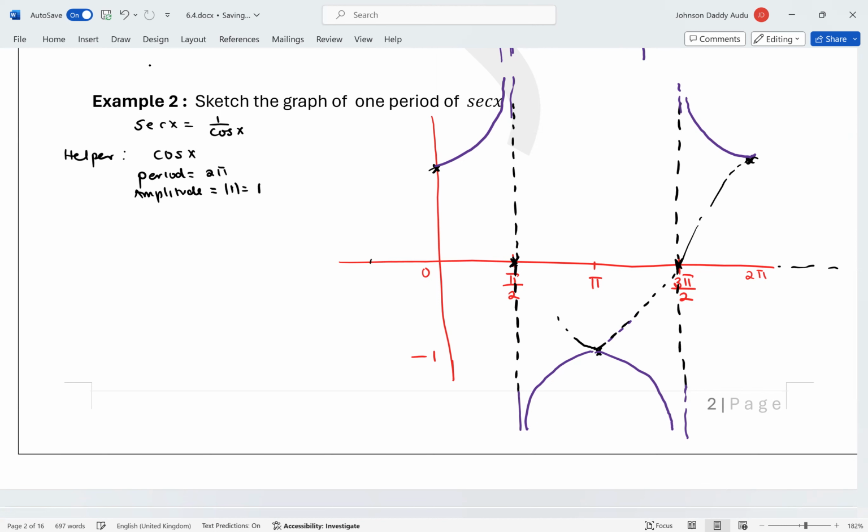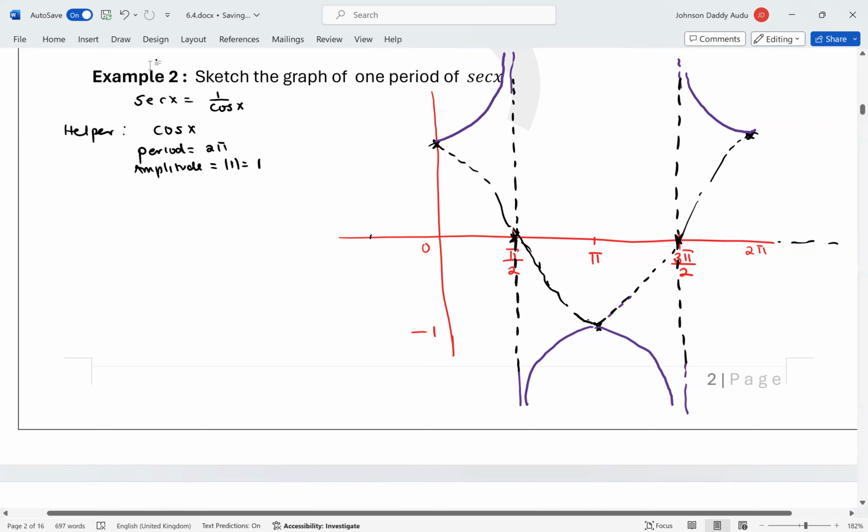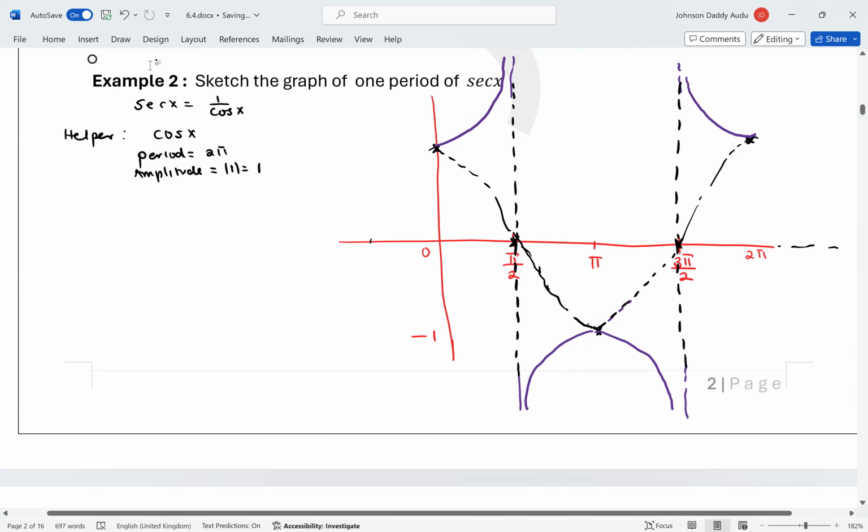So something like this. Okay, so the purple one is the graph of what? Of cosec x. And if you like, you can remove this helper graph completely. There's no big deal about it. You can remove it.